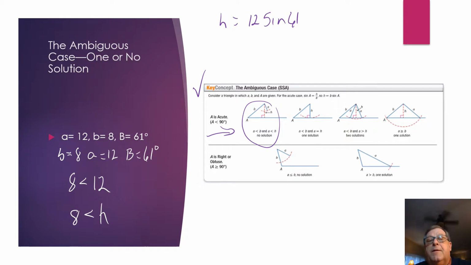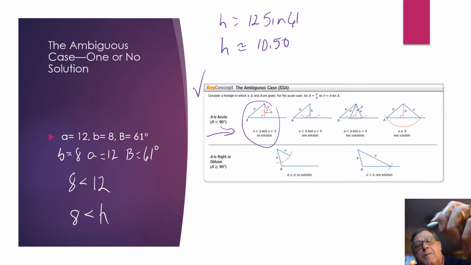I hope you're following that. So we're going to take 12 times the sine of 61, and we're going to get an approximate value for h. It is approximately equal to 10.50 when I do a little bit of rounding.